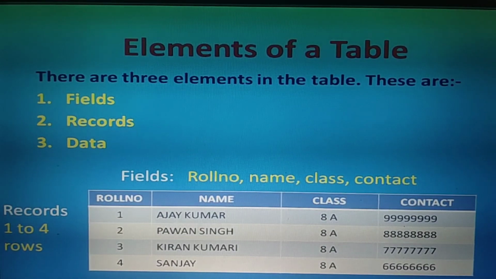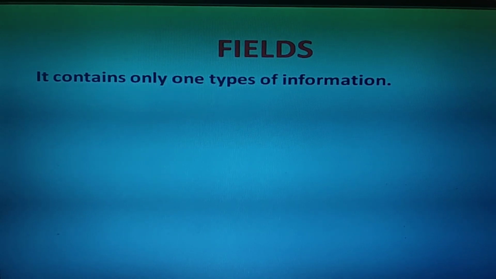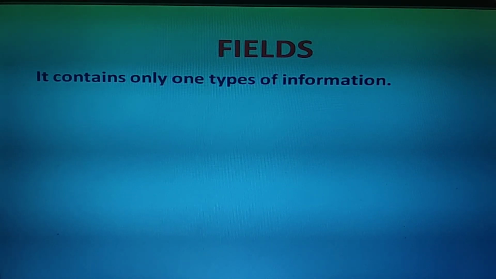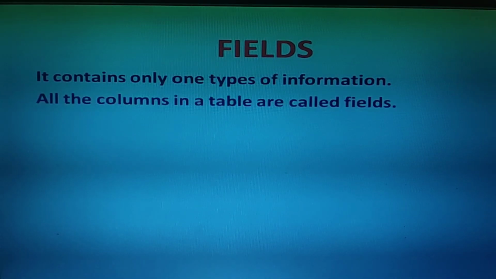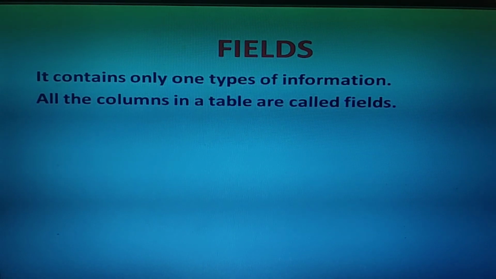Let's discuss them one by one. Fields. A field contains only one type of information in a table. All the columns in a table are called fields.